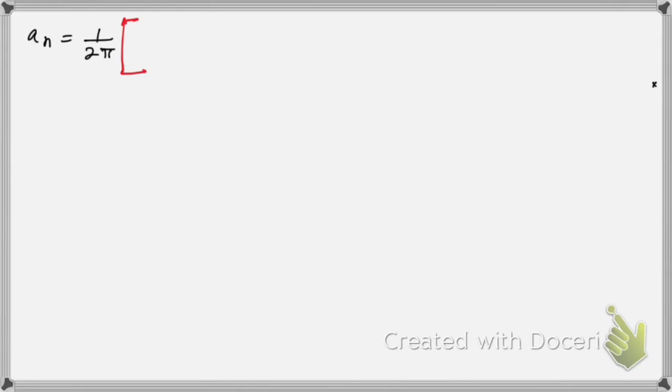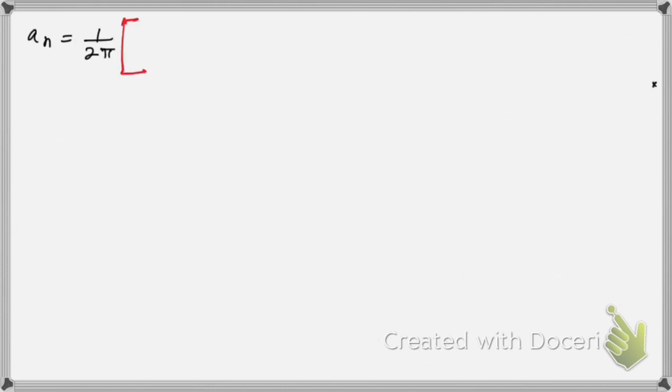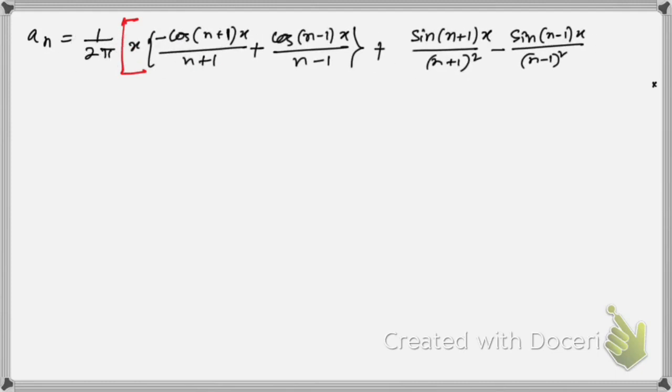So what was the result we have got? This is the result of the integral. So let me copy this result. We're going to use this result here. So this is what we have got, right?